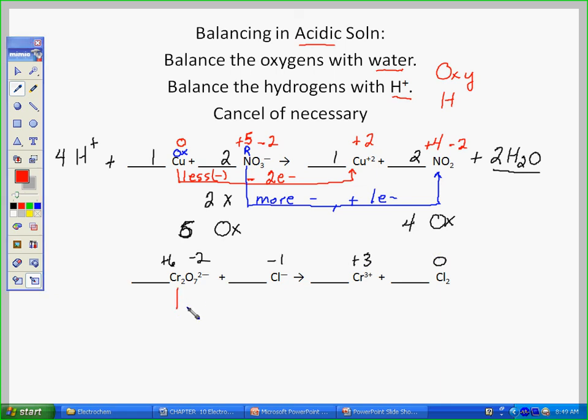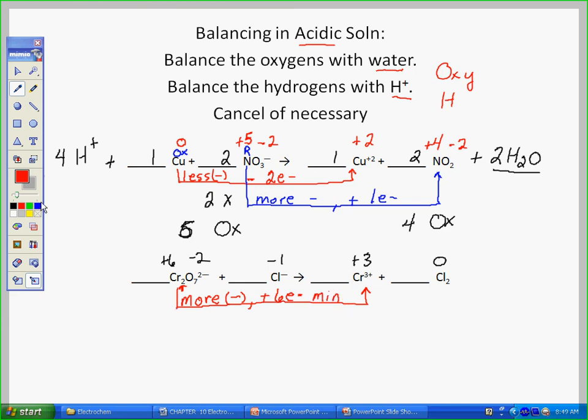The chromium went from +6 to +3, so that's more negative. Now, because at least 2 of them, because of that 2 there, are reduced, I need to consider that in the electrons.